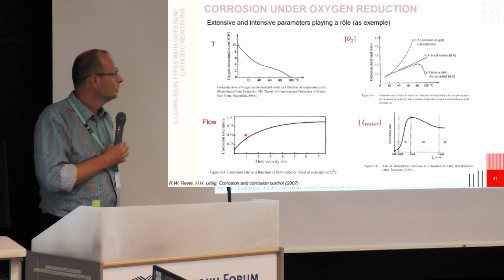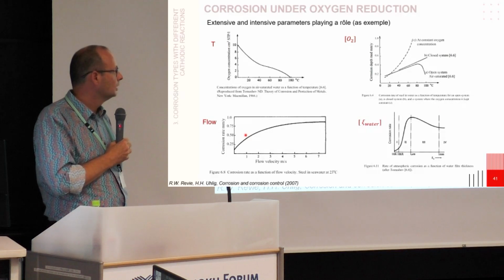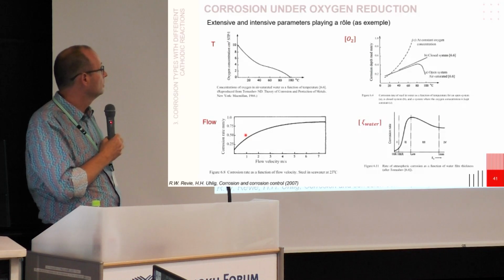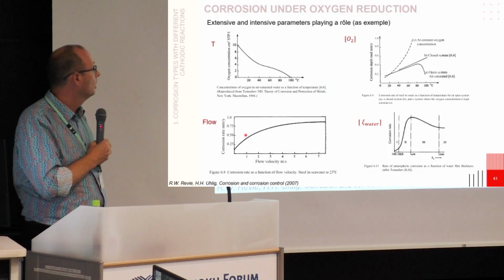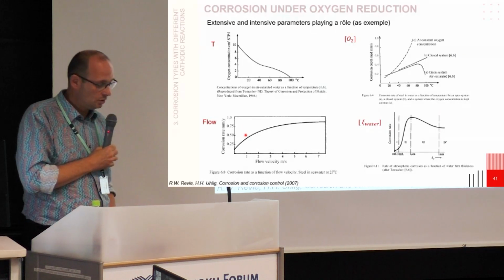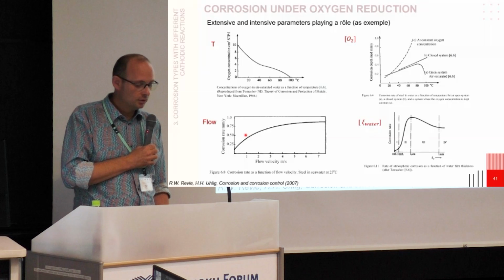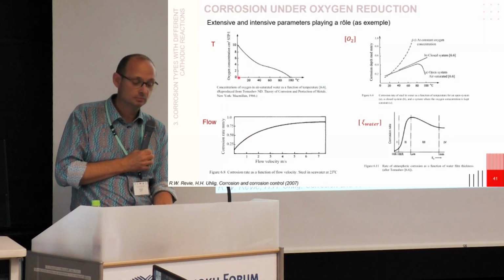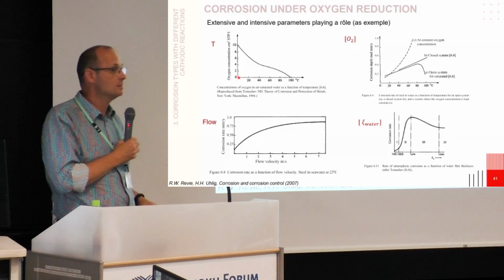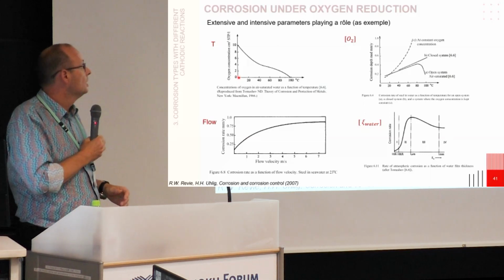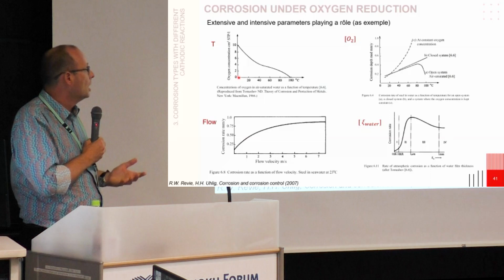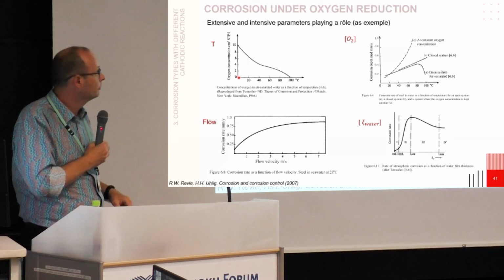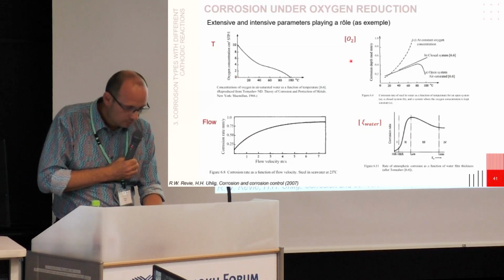Okay, so corrosion rate depends on the temperature, because the temperature changes the concentration of dissolved oxygen. If I have less dissolved oxygen, I will expect to have a different corrosion rate.